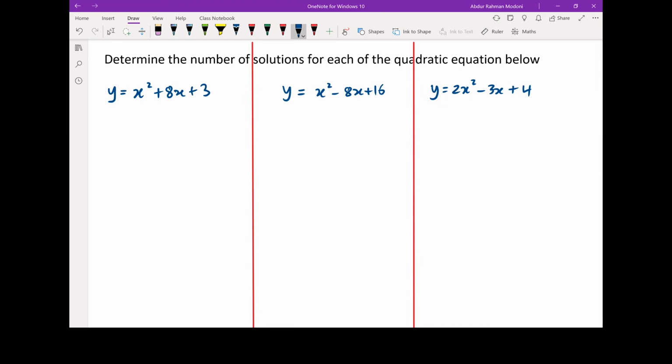In this first example, b squared minus 4ac. Well, what is that? You can see b squared is 8 squared minus 4 times a, which is 1, times c, which is 3. So that gives us 64 minus 12, which is 52.